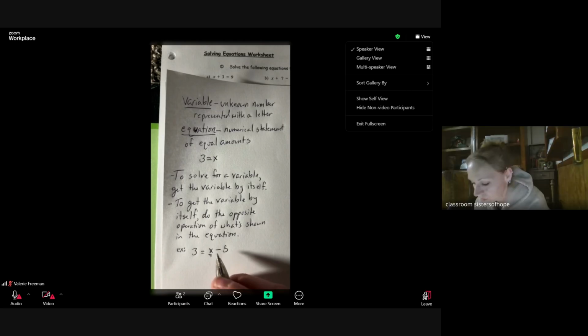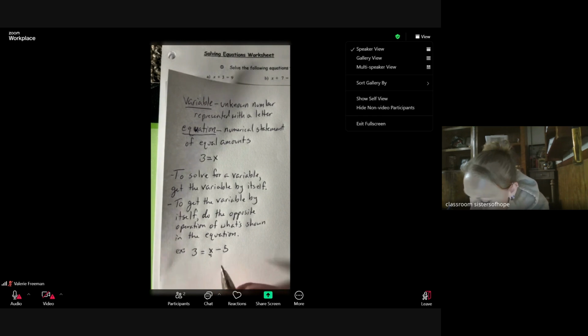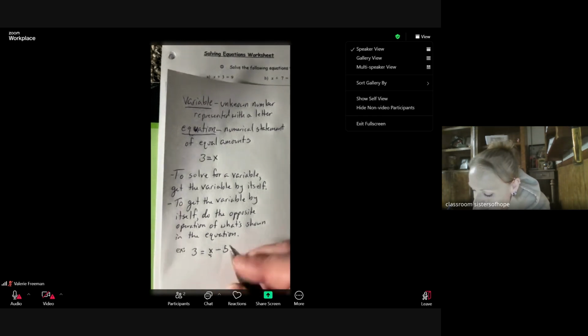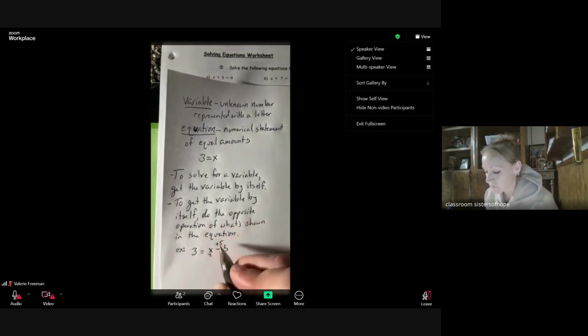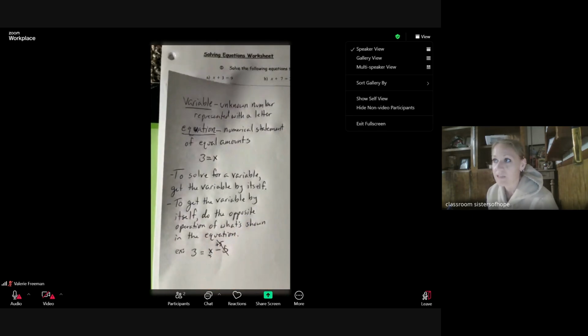Adding. Correct. So to get rid of it, we would do like we were doing yesterday, plus 5 over here, and the two 5s would cancel each other out. You'd have the positive 5 and the negative 5, which, if you have 5 of something and you take 5 away, you have 0. So it cancels each other out.